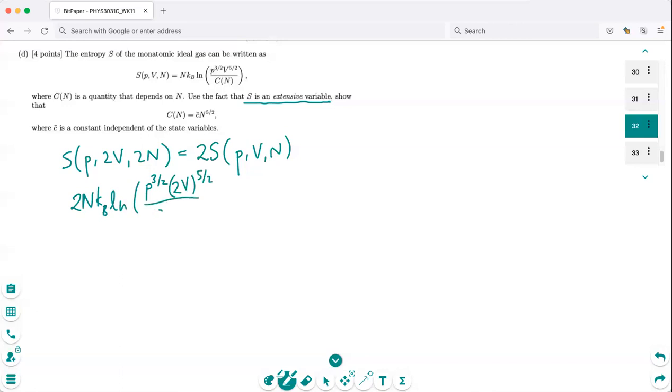And don't forget this is a function of n, so I will now have to double that too. I don't know this function yet. This is a point you are asked to find. And then this is the same as 2nkB, just copy everything: log of P to the 3/2, V to the 5/2, and this.